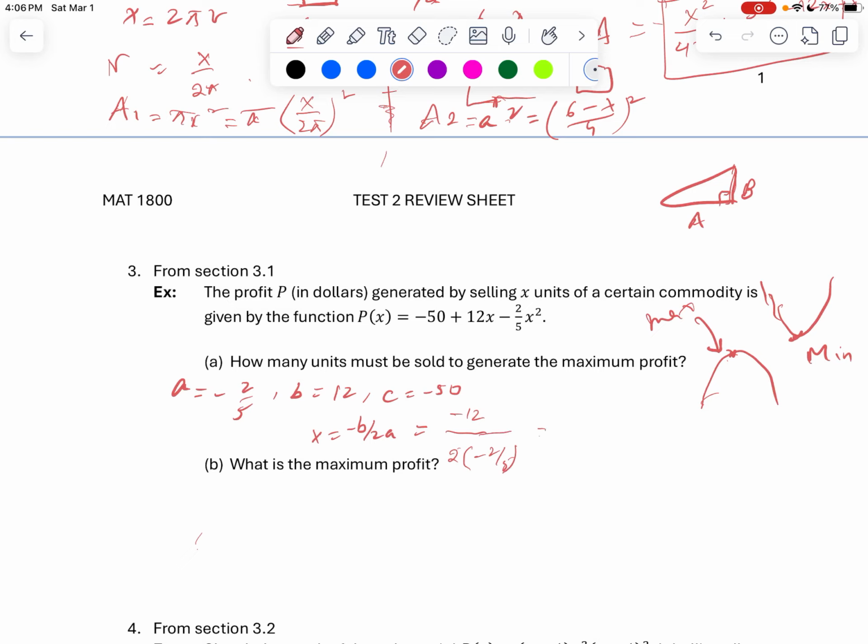So what does this become? This gives me negative 12 divided by negative 4 over 5. Negative and negative cancel, makes it positive, and then 12 divided by 4 over 5. So it becomes 12 times 5 over 4, which will give me 15.